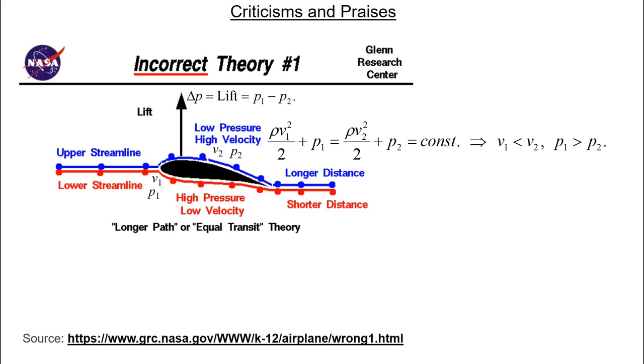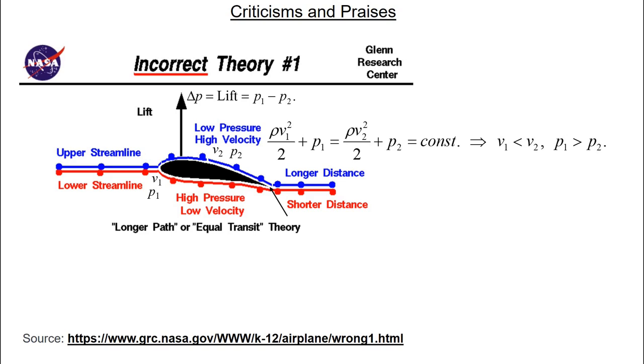I have only ever encountered equal transit time theory when it is being debunked, so it seems more common to see it pointed out as wrong rather than alleged to be true. It gives no explanation why air molecules must meet at the same time at the end of the airflow edge.